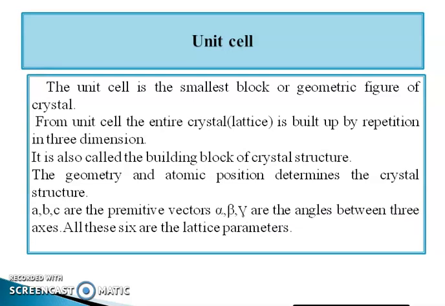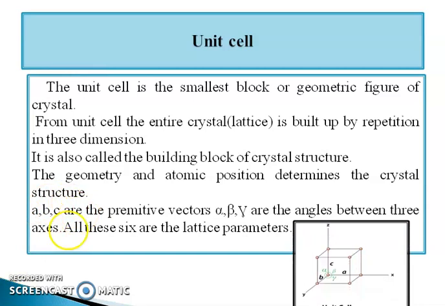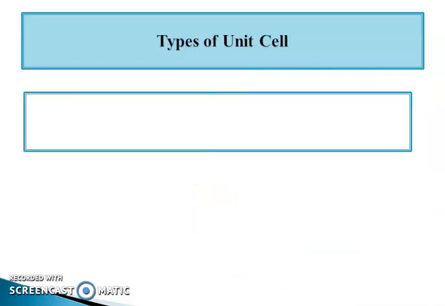We can observe in the figure that it consists of three primitive vectors: A along x-axis, B along y-axis, and C along z-axis, and alpha, beta, and gamma are the angles between the three axes. Together, these three vectors and three angles are the total 6 lattice parameters.